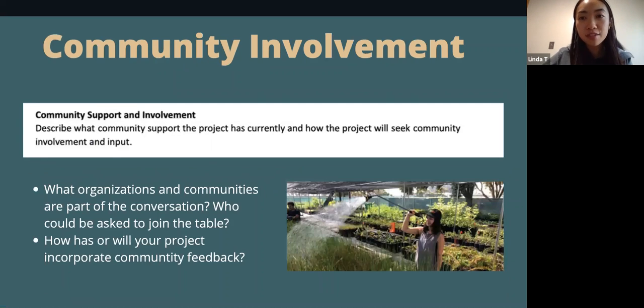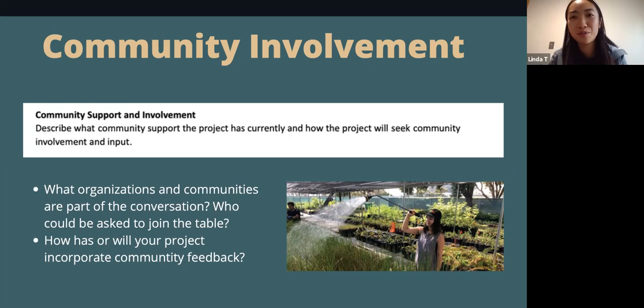And community involvement, this is related to project partners. Sometimes an agency might get wrapped up in one idea and want to forge ahead with it, but there's not that much support for it from the community members.